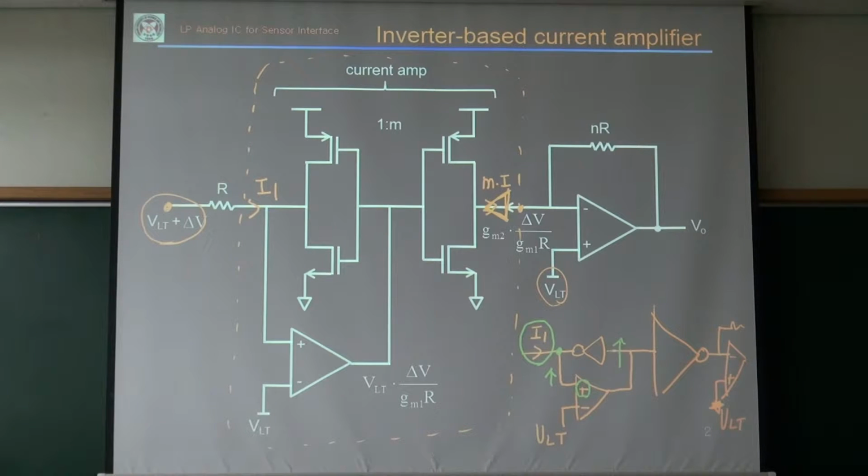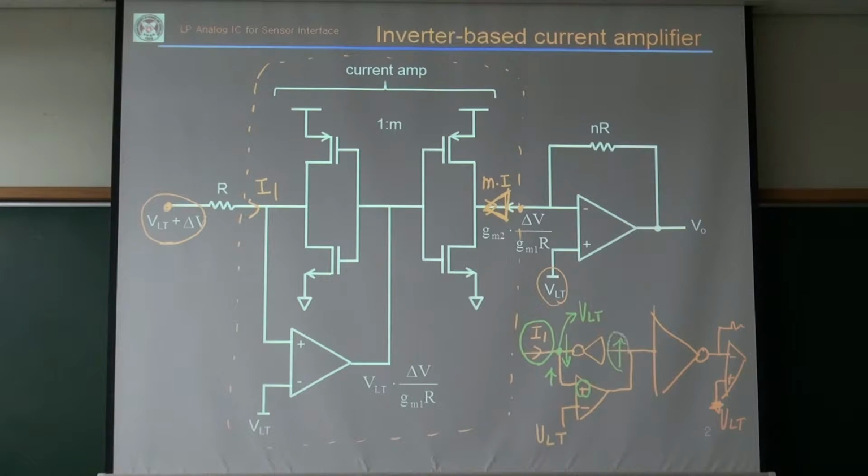So for this inverter, the inverter input rises, and then this inverter output should go down. Because of this negative feedback, there is a virtual ground. This node voltage will be maintained at the logic threshold voltage.